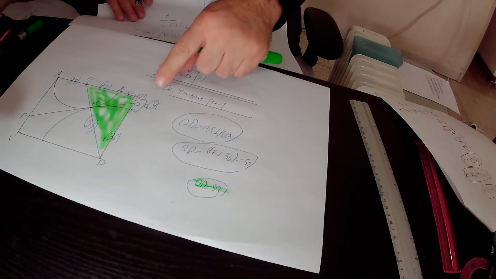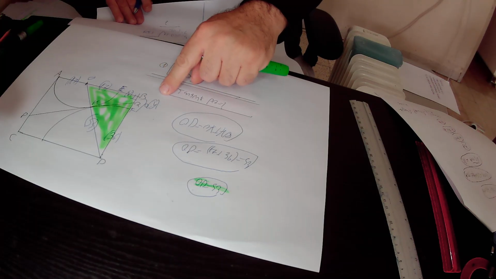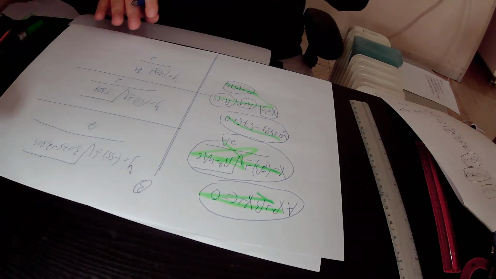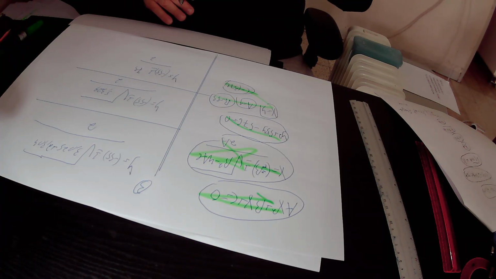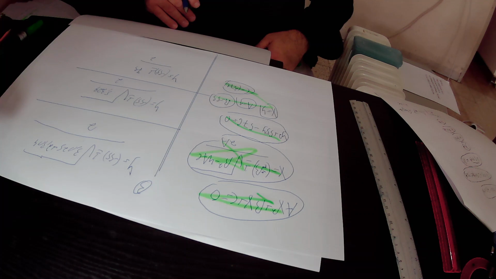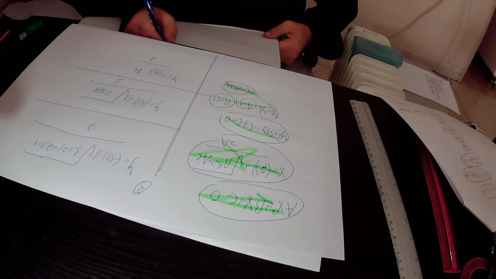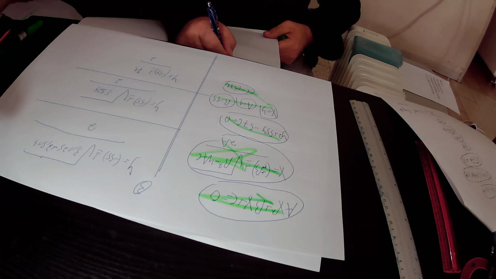Y is the length of a line segment, therefore it must be a positive number. So we take into account only the positive solution for y. The positive solution is y equals minus 55 plus 73 over 2.